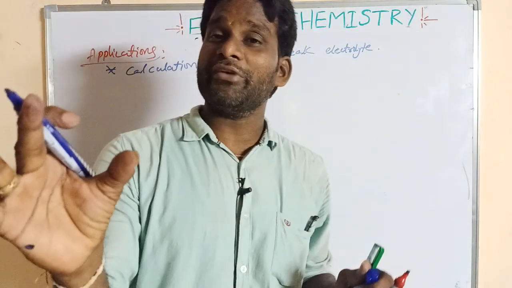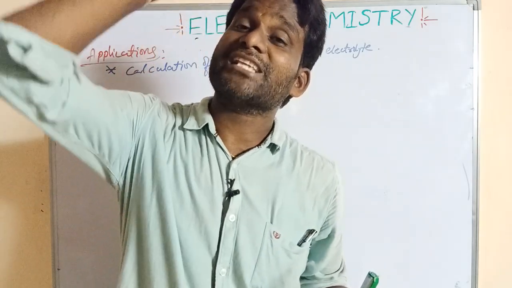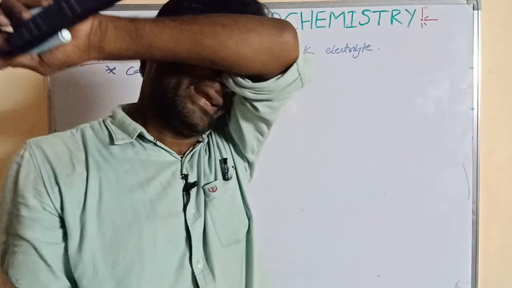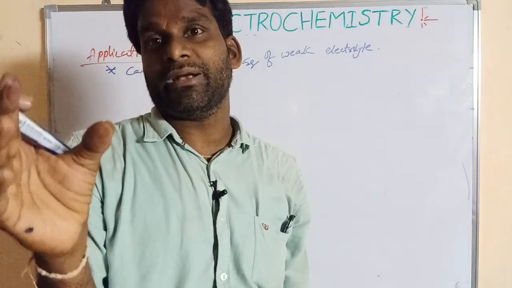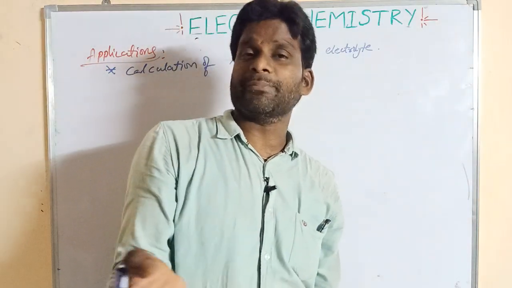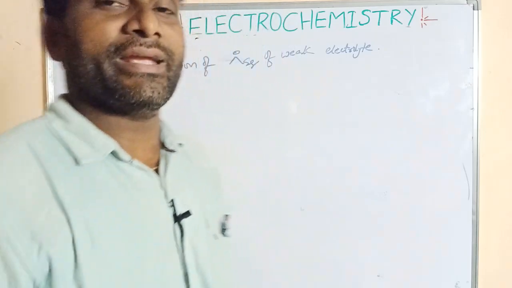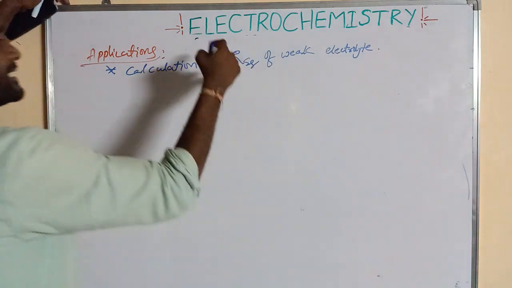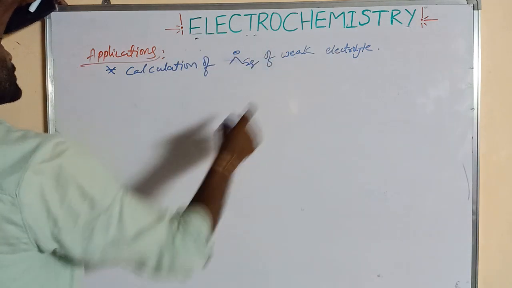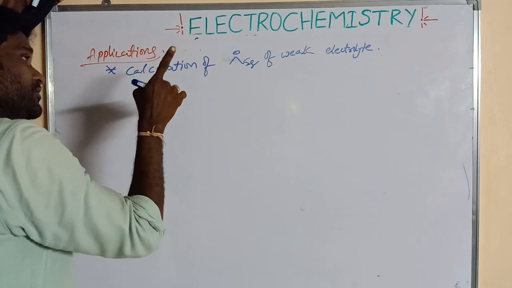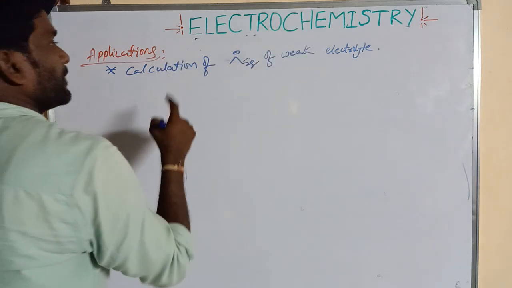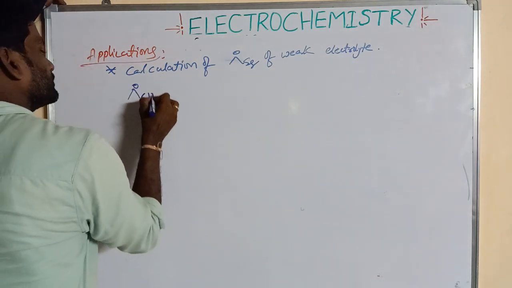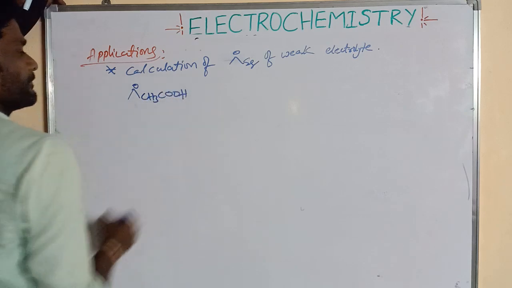Generally the limiting conductivity of weak electrolytes cannot be measured experimentally, but the limiting conductivity of strong electrolytes can be determined experimentally, because a strong electrolyte is completely ionized, 100% ionized, but a weak electrolyte cannot ionize 100%. So how to calculate the limiting conductivity of a weak electrolyte? It cannot be determined experimentally.